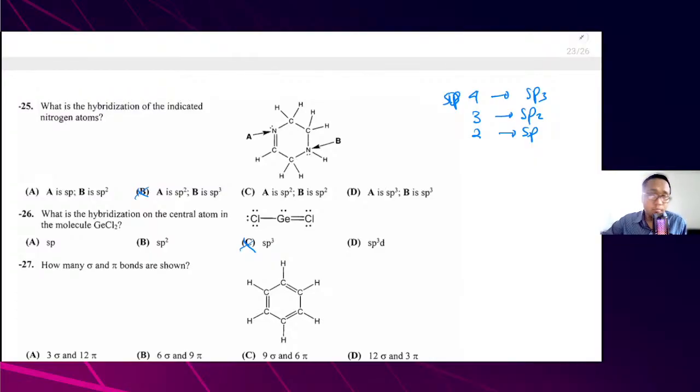Because four atoms. 26. Oh yeah, this one is 1, 2, 3. Yes, sp2. Yeah, that's great.